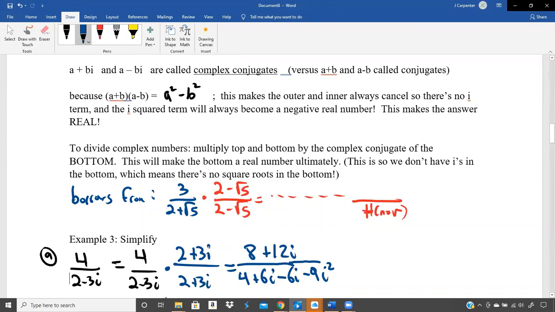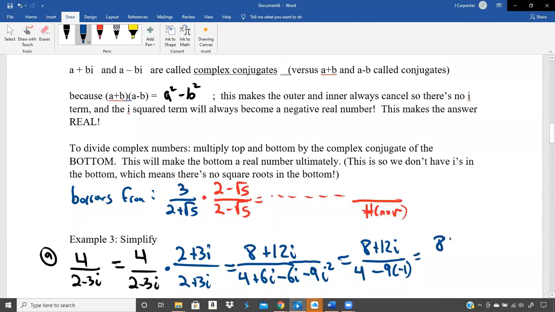The top is going to turn out to be 8 plus 12i for now. Over. It's the bottom that must simplify to a real number. If it doesn't, you've gone wrong. Leave the 4 alone for now. The 6i and the minus 6i will cancel, as we said is necessary. The last term was a minus 9i squared, but we're going to change that to a minus 9 times negative 1, because i squared is negative 1.